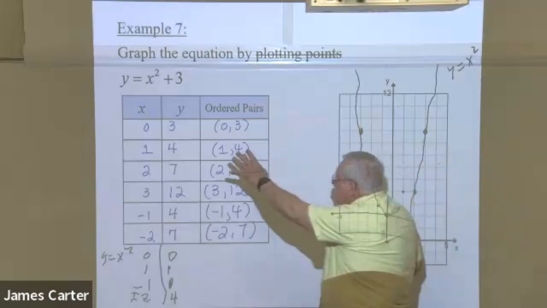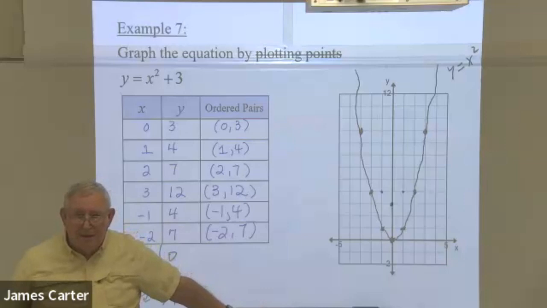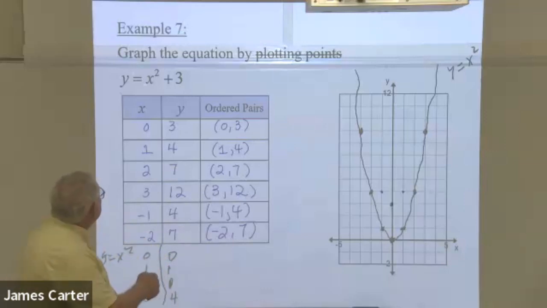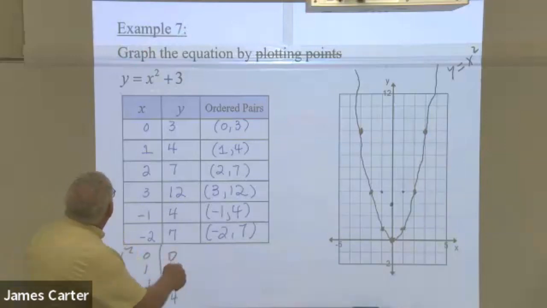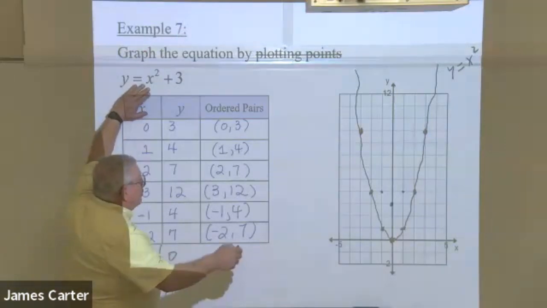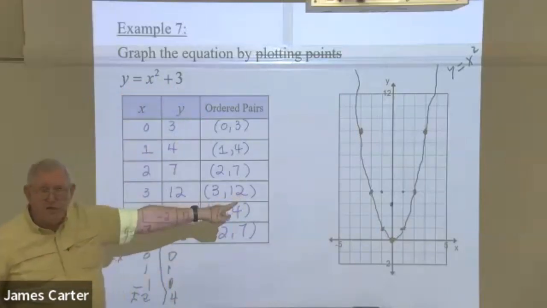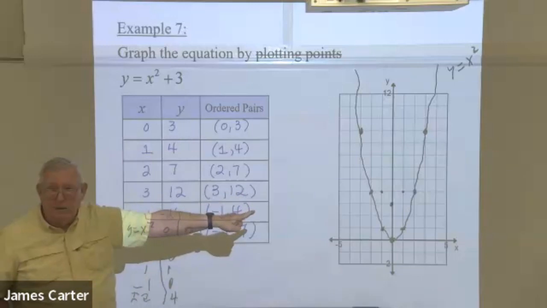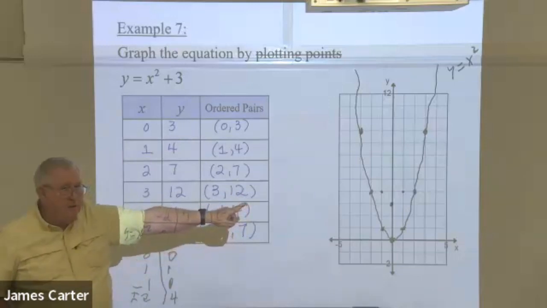Now, you can do this work if you like doing that. I don't. I'd rather use my knowledge of transformations, that I know what y equals x squared looks like, and then I'm just going to shift it up 3 places and graph it and done. Work smarter, not harder.